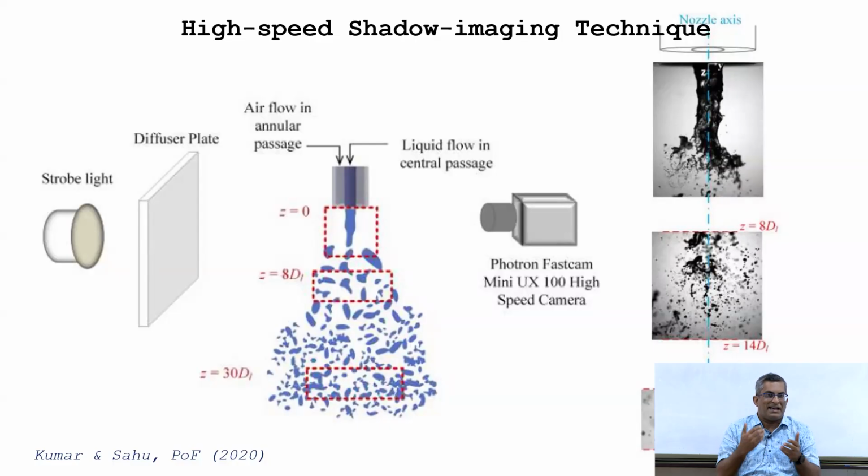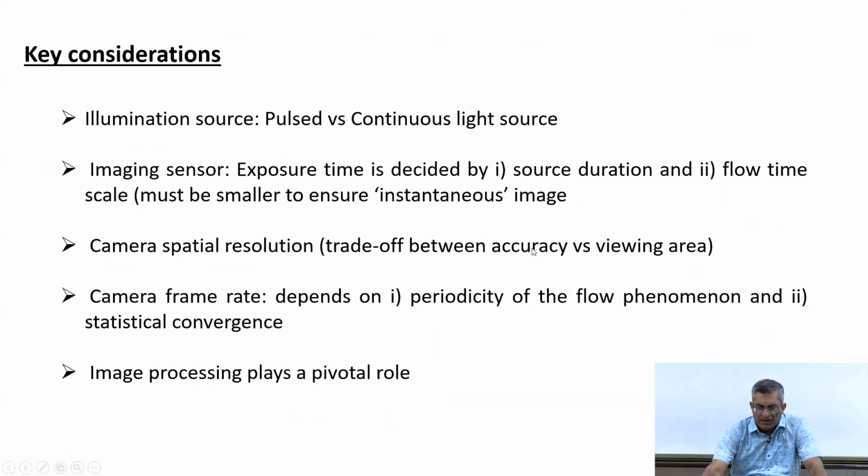So, by the time you get this kind of resolution, for example 3 micron per pixel, the overall viewing area of your camera would be like a few mm, which is a very small region. So, that is why there is a trade-off between accuracy and the viewing area. And also camera frame rate is important, and finally image processing plays a pivotal role, as in case of all optical techniques.